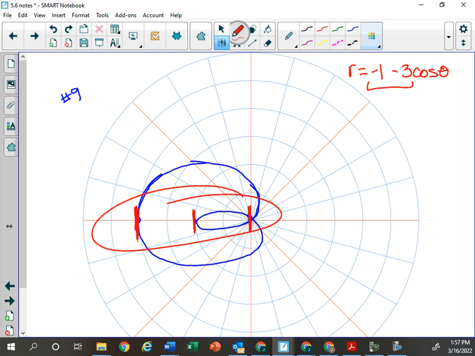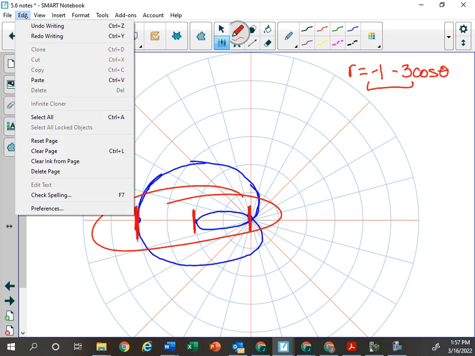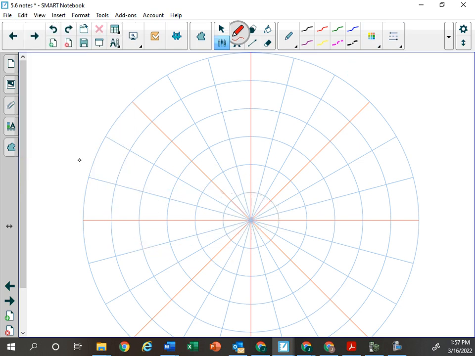If it's shifted off a little bit, let's say it looks like it's coming out to 2 over here, but then it goes farther on this side. So even though it's a rough drawing and kind of looks like a circle, it's not centered at the pole, right? It's not a circle then.